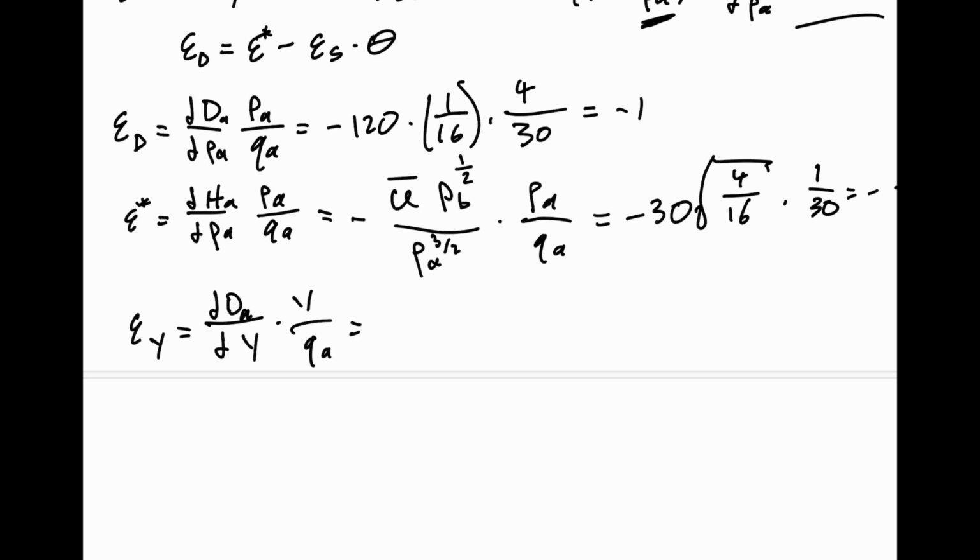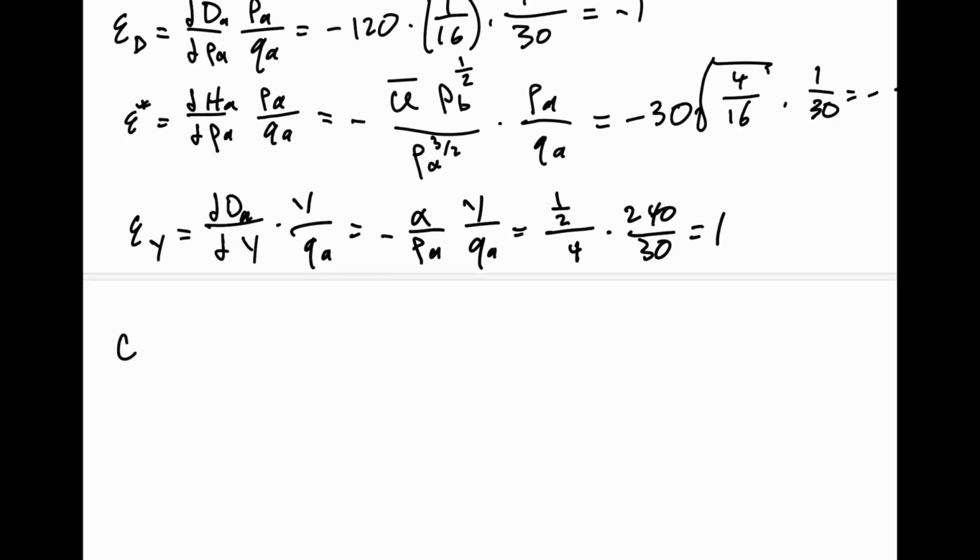Okay, sorry about that. So we have alpha over PA times Y over QA. And plugging in some numbers here, we have 1/2 over 4 times 240 over 30. And that's going to equal 1.